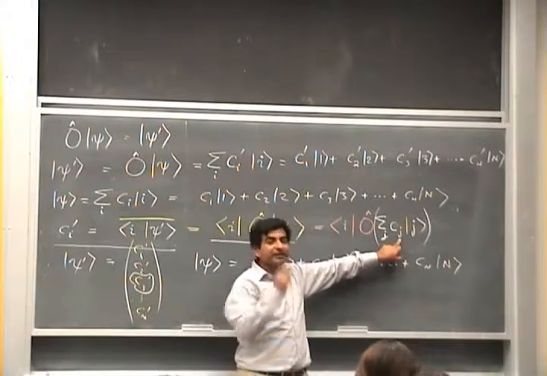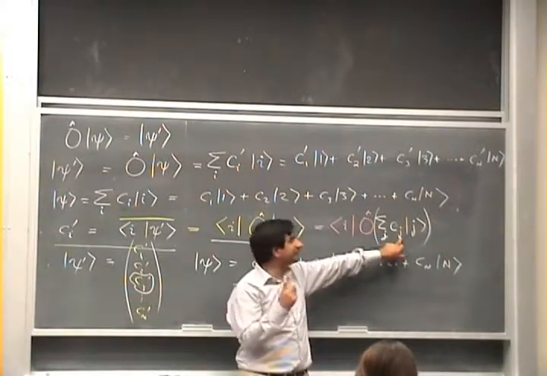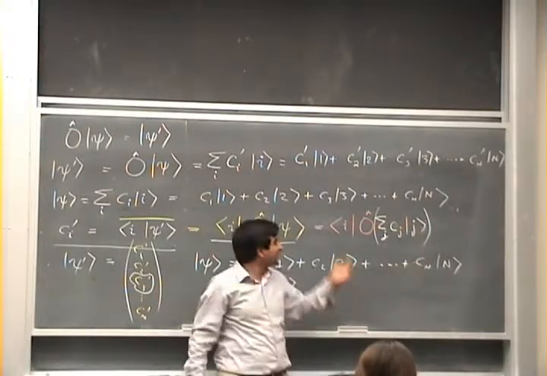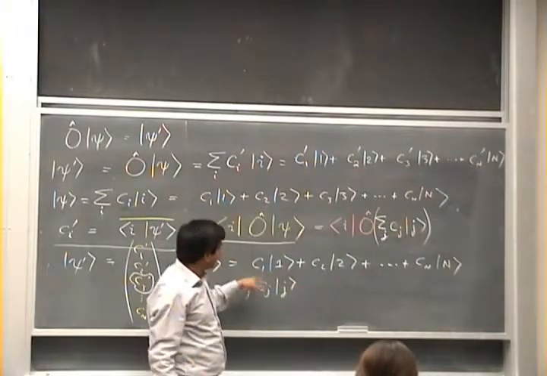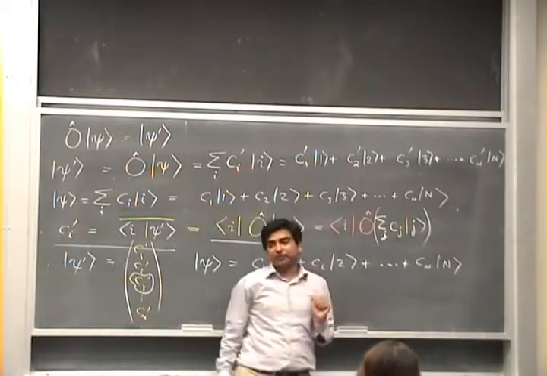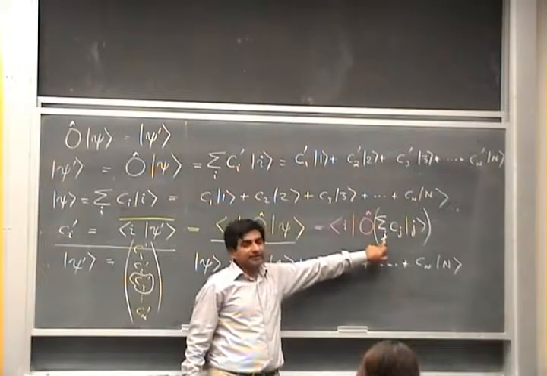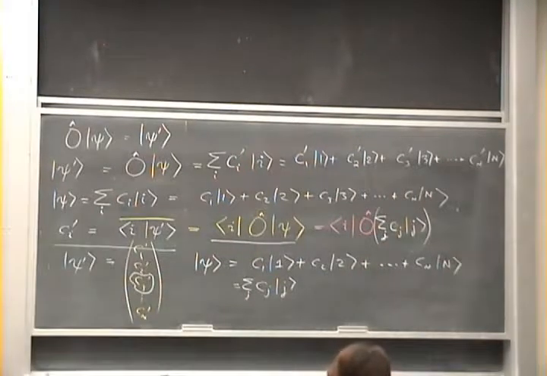That's why I use a different index here, j. At one point one of these indices will be equal to i. But I'm using all the indices because the original state is expanded in all the indices C1, C2, C3 all the way up to Cn. But I don't use i here. I use a different label here. Okay? Any confusions up to this point?